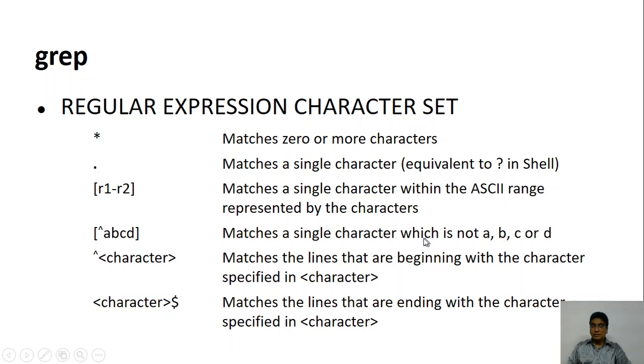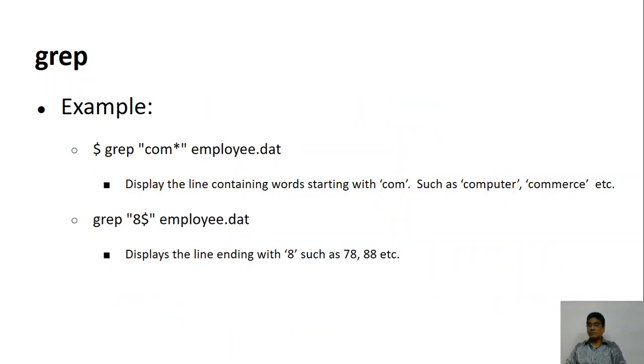So this means match anything except ABCD. If you put this right at the beginning, remember it has to be put in the square bracket. If you put the caret symbol right at the beginning, that means this has to be matched right at the beginning of the line. If we put the dollar, this has to be matched at the end of the line. So this is how you can use it.